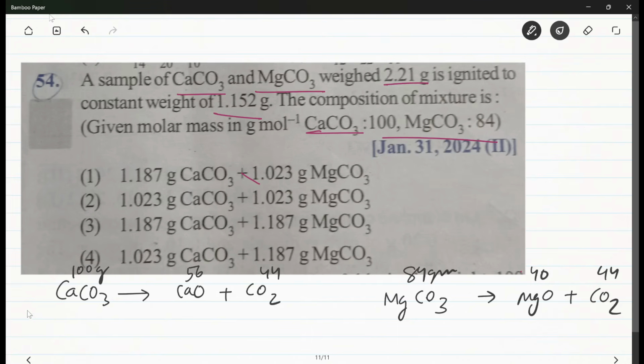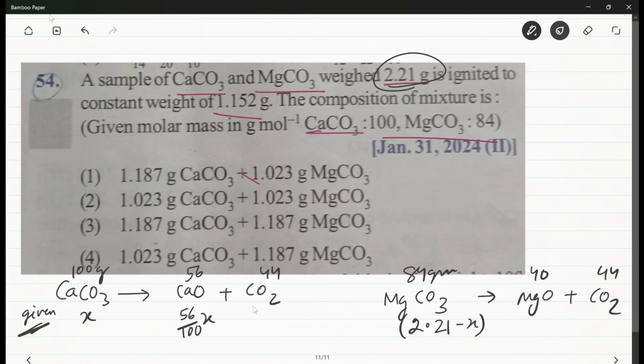Now the given mass is the total of both, 2.21. So let us consider this as x and this as 2.21 minus x. See, 100 gram gives 56 gram, so 1 gram will give 56 by 100, and from x gram, 56 by 100 into x.